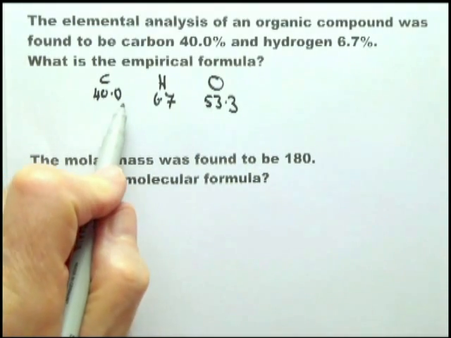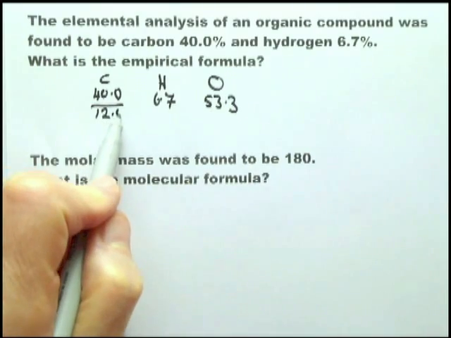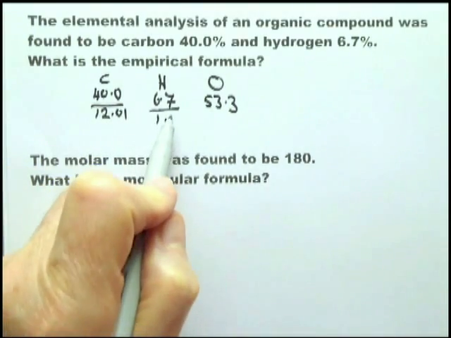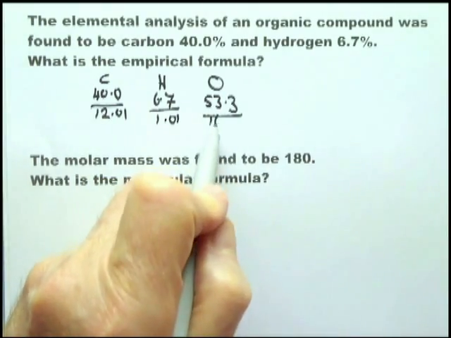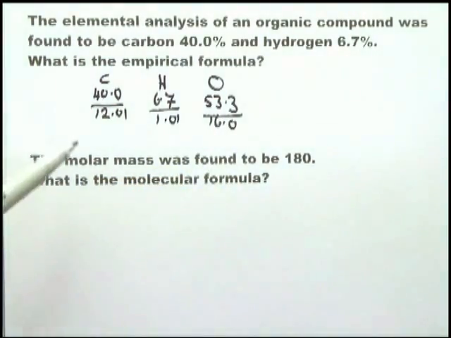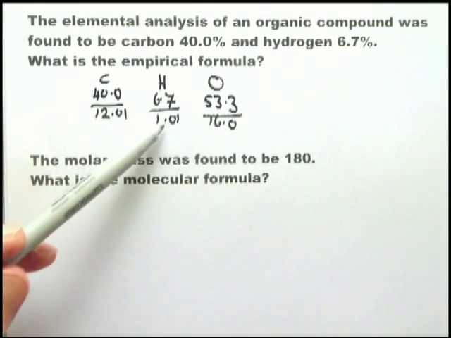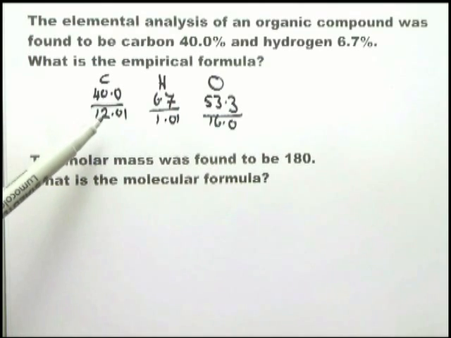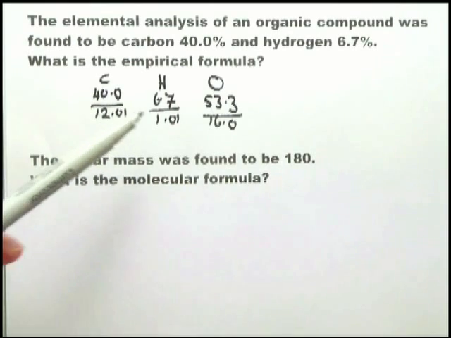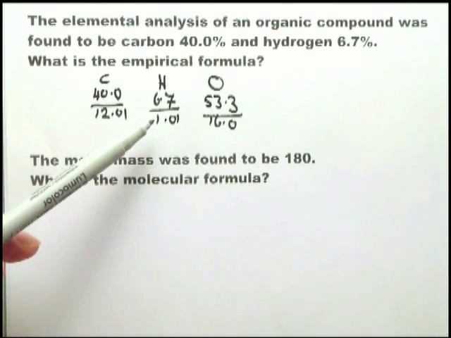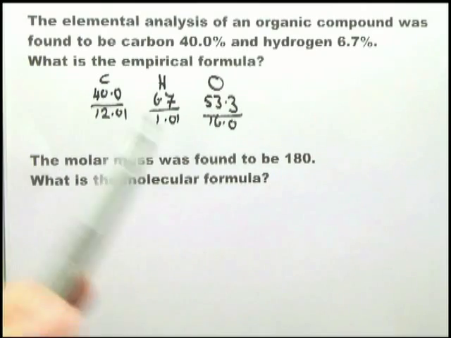Then you divide by the atomic masses, which is 12.01 there, 1.01 and 16.0. Now, if this were a paper 1 question, I would just use 12 and 1. However, since it's a paper 2 question, I would advise you to use the numbers given in the periodic table of the data booklet, which is 12.01 for carbon and 1.01 for hydrogen, unless you're told anything different.